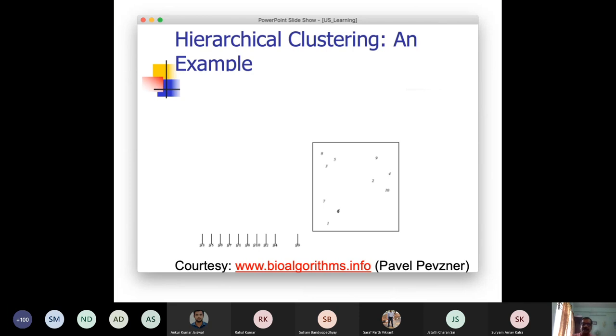Diagrammatically, I have shown it here in a two-dimensional space. Suppose they are represented by two-dimensional points, and their distances are represented by the distance between these points. So you can see the geometric distribution over the space.